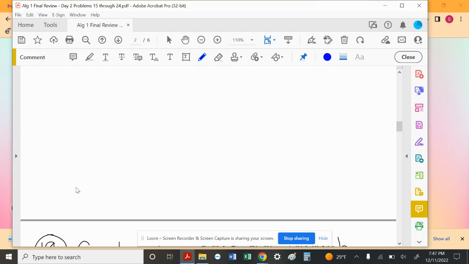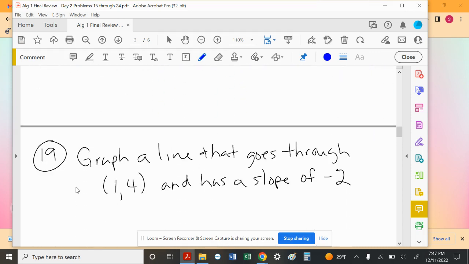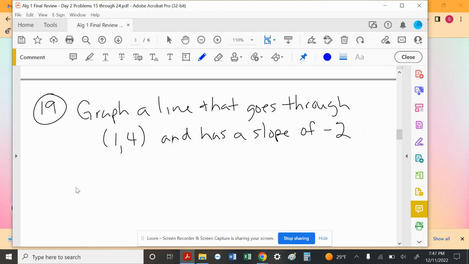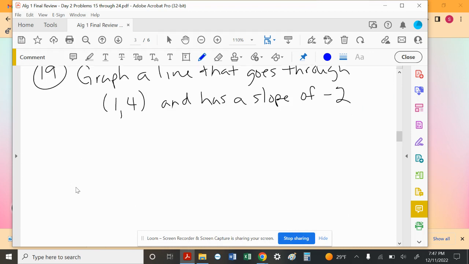Okay. We'll continue on because we're just graphing a line that goes through a point. This is actually pretty straightforward. So if we have a line that goes through (1, 4) and has a slope of -2, we know it's going to go down. So (1, 4) would be located right here. The slope of -2 is really -2 over 1.